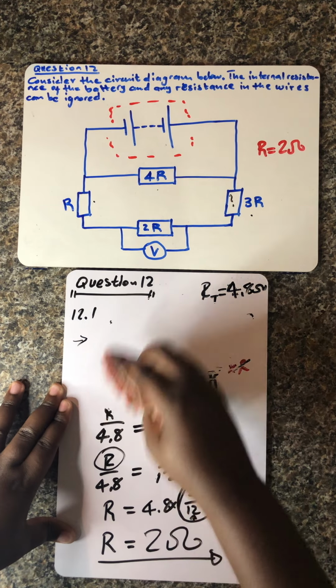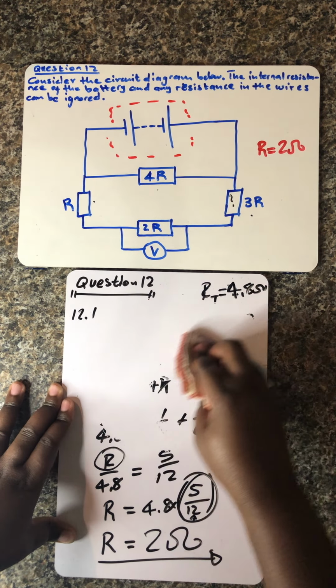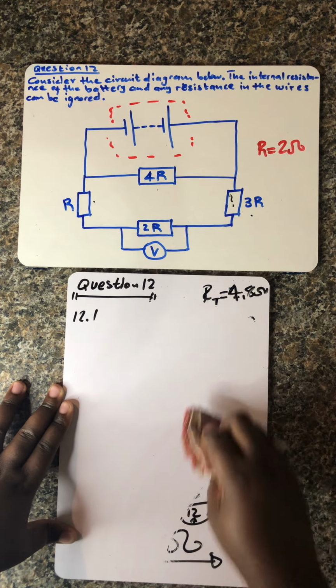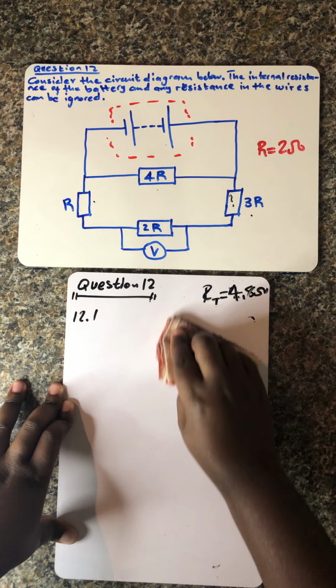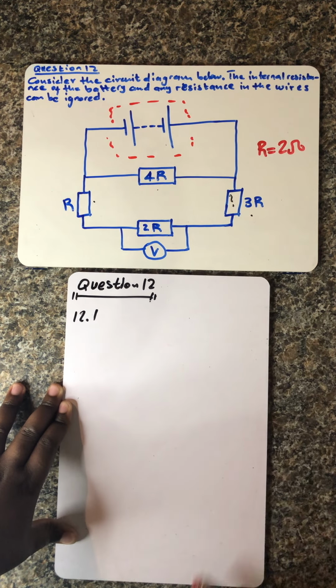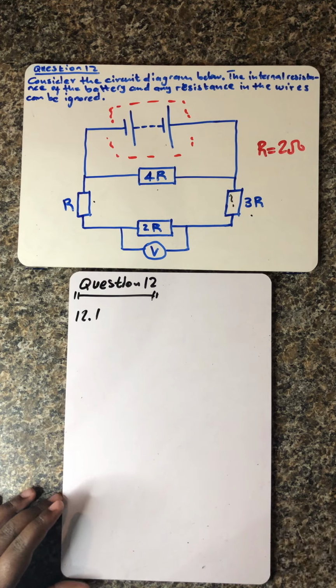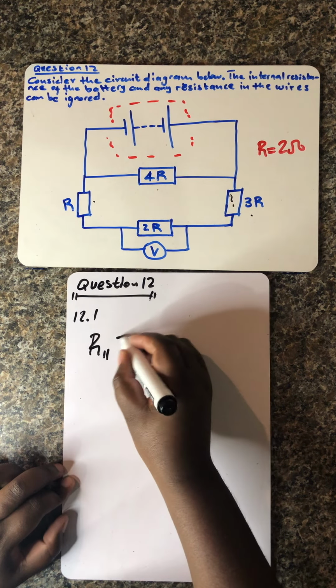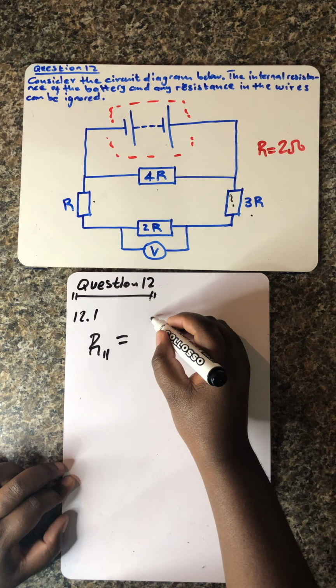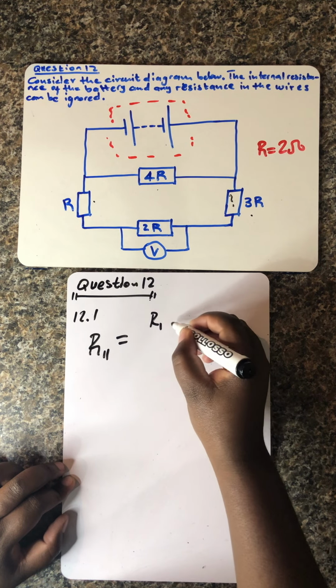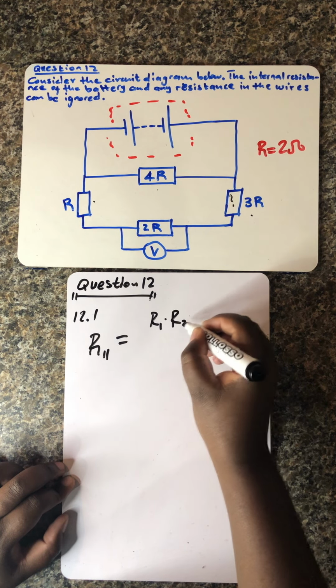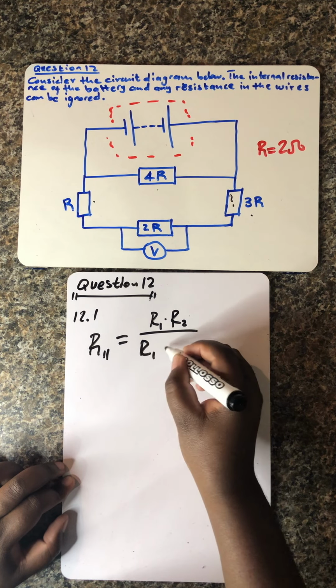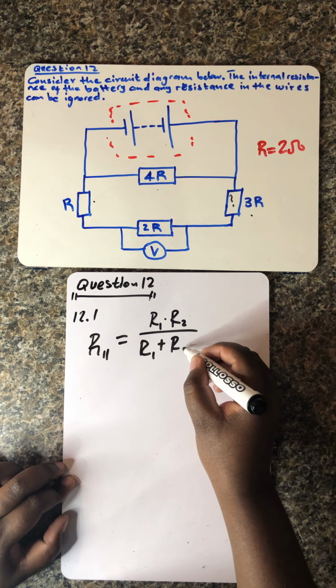Okay, so guys, before I forget, something very much important, ladies and gentlemen, this is not the only way in which you can calculate the R parallel. There's this formula, guys. I'm sure you know this formula, and you like using it a lot. So let's just say R1 times R2 over R1 plus R2.